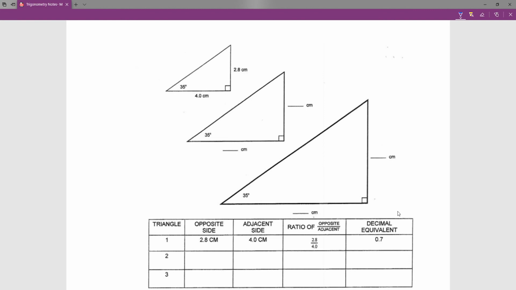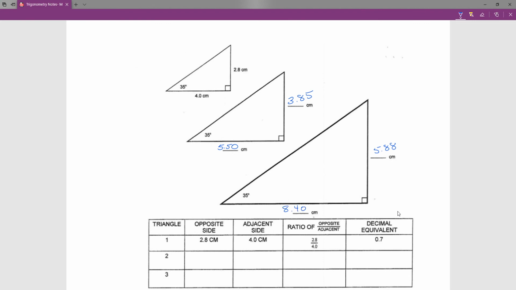If we were to imagine using a ruler, which I can't use on this, and measuring these sides, I'm writing down the numbers that I get as the length of my sides here. And so I've measured really, really carefully. You're going to have to take my word for it.